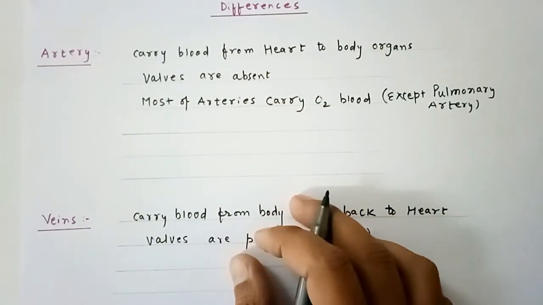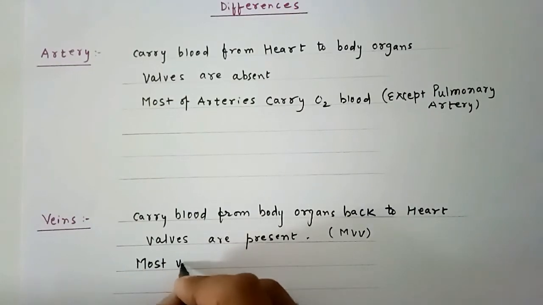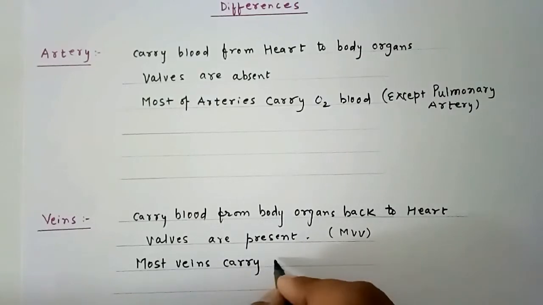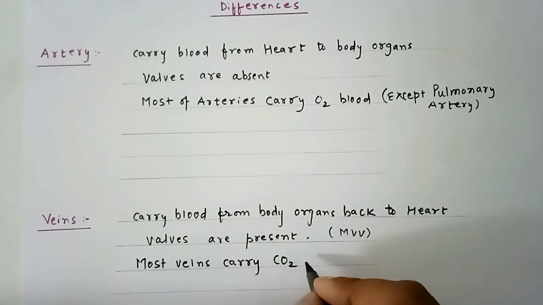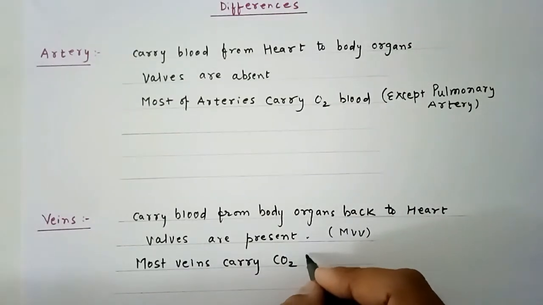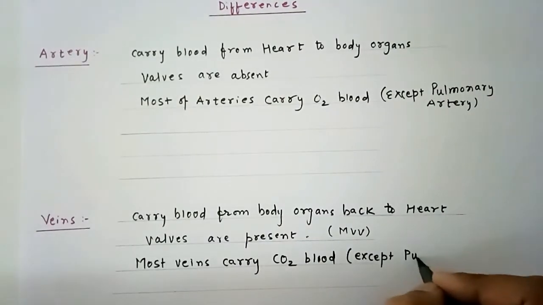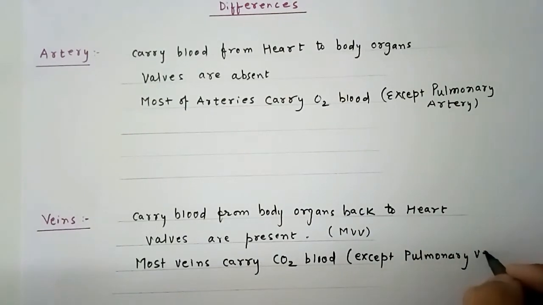And here most of the veins carry deoxygenated blood. That means in their red blood cells they have got carbon dioxide in them, except pulmonary vein, which is actually an artery.